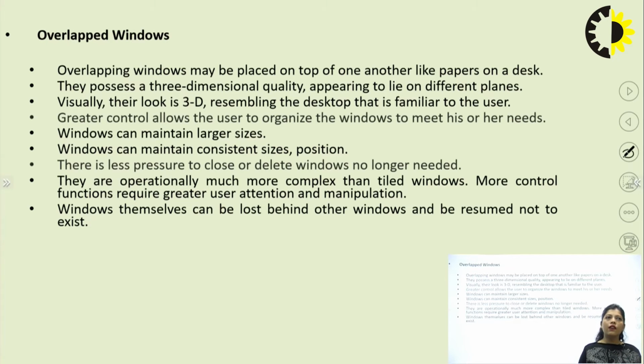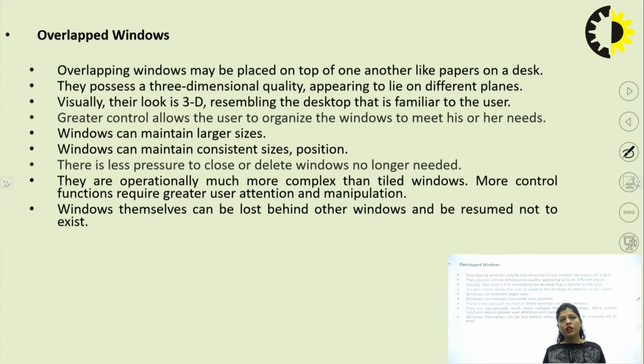Because the user can perform multiple tasks simultaneously, many functions are required, and there are many manipulations the user can perform. So how to manage overlapping windows is difficult. Windows themselves can be lost behind other windows and be presumed not to exist.